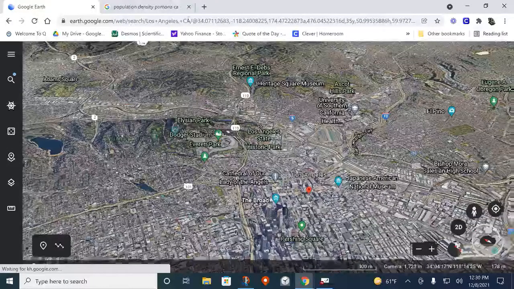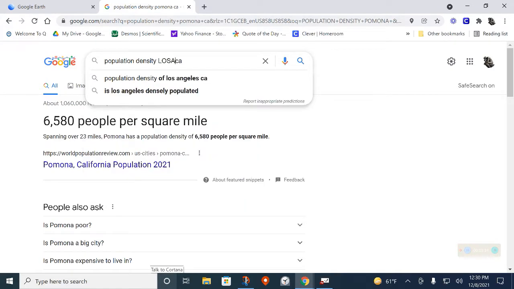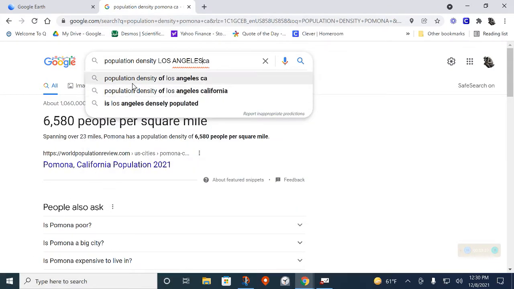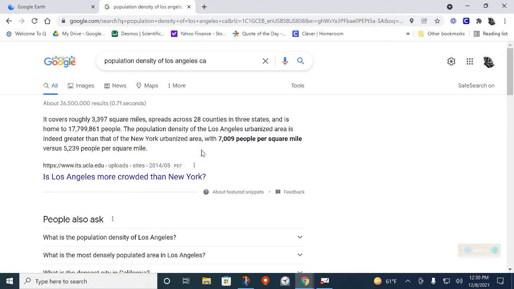So let's look for the population density of LA. Population density, Los Angeles. There you are, 7,009. A little more packed. Oh no, that's urbanized, so rather good, okay.